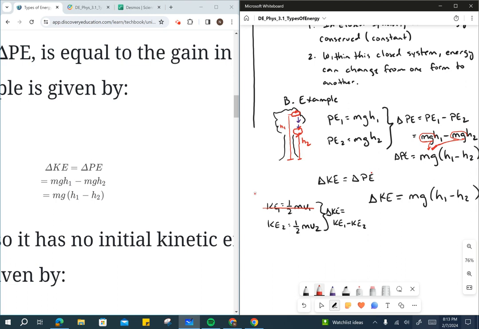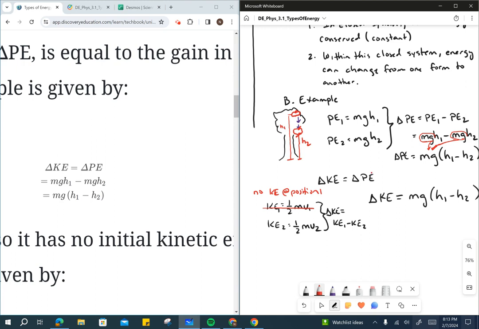So no kinetic energy at position 1. What is our change in kinetic energy?